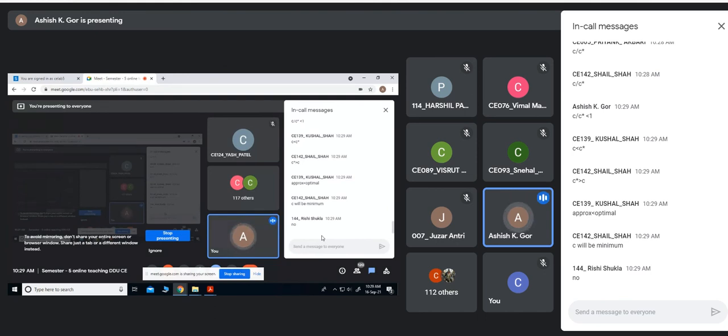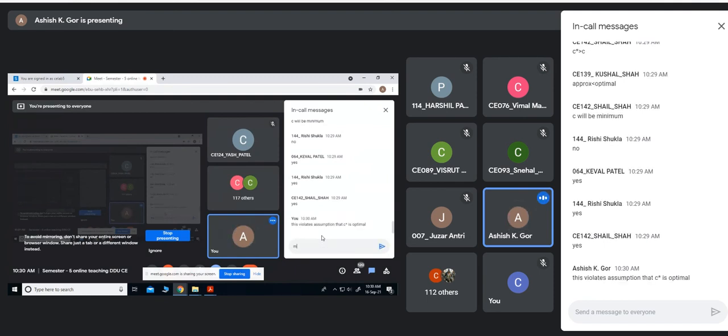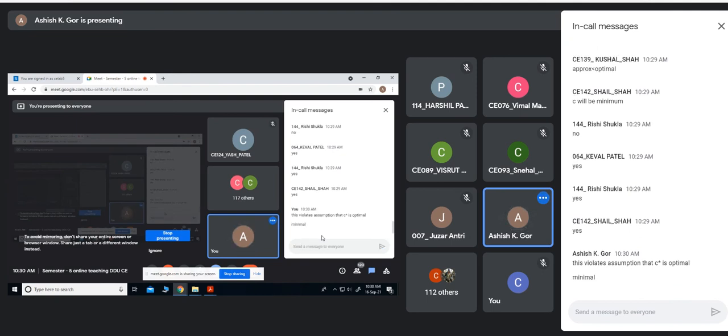So this violates the assumption that C star is optimal, or minimal rather. In this case, it's minimal. Which means this is not possible. Am I saying correct or not? Yes, Keval, Rishi, others?